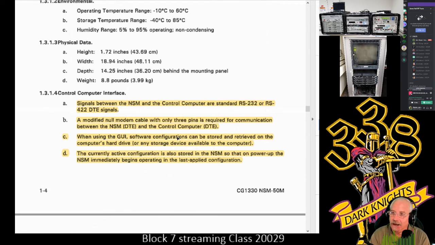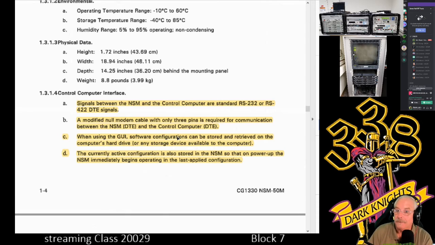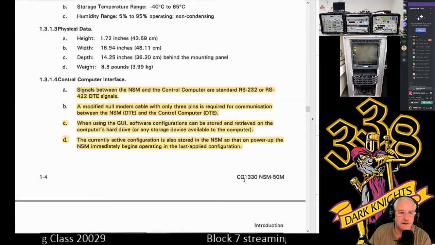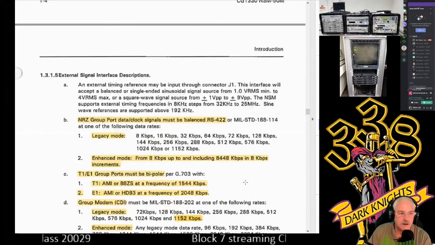So there you have it. These are examples that we've been feeding you over the past couple of hours. So with that in mind, you can see Charlie, it says when using the GUI, that's that graphical user interface. In other words, it's going to come up with a program and you're going to be able to program through the use of tabs what you need to put onto the NSM. This gives you an idea.